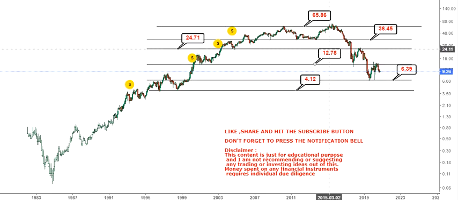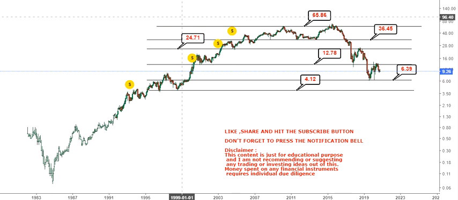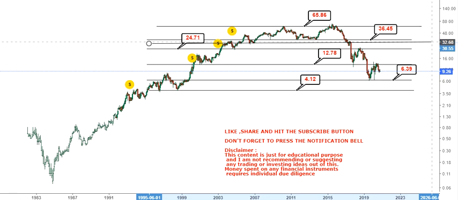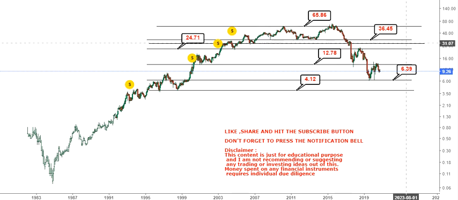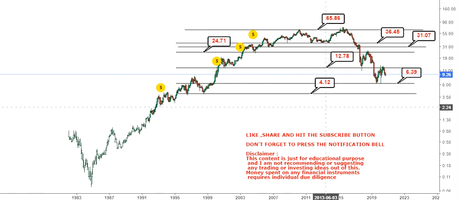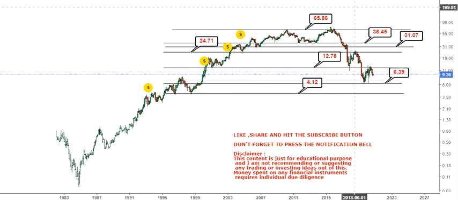On the upside you have multiple levels, and one should take care of each and every level with equal importance. There is one more level which I think was left out, so I will add that as well. Above 24.71 you also have 31, then 36, and probably 65. So these are all the levels. Just look at each and every level.